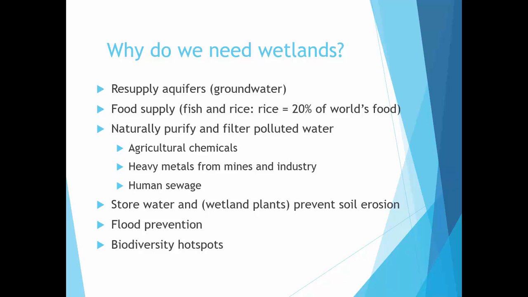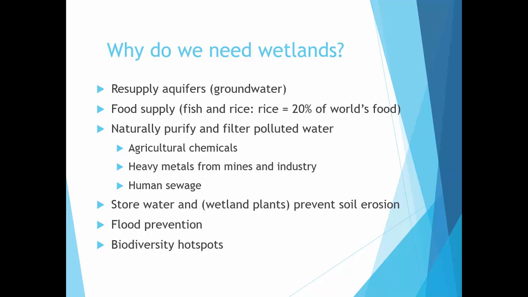Wetlands purify and filter polluted water, and this can include lots of different types of pollutants. So it can include agricultural chemicals, so as the water runs off a field that's been treated with different fertilizers or pesticides, that water can get filtered as it goes through a wetland that's downstream from the field.